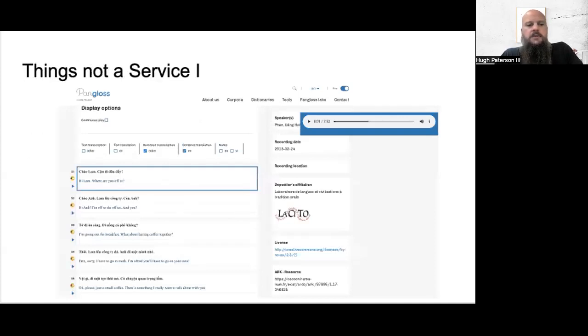I'm going to give a couple examples from linguistics here. And I would suggest that these are interactive resources. They're based off of persisted data or hosted data in some cases. But this is Pangloss, and when a visitor goes here, they can listen to an audio and they can see the written transcription at the same time.